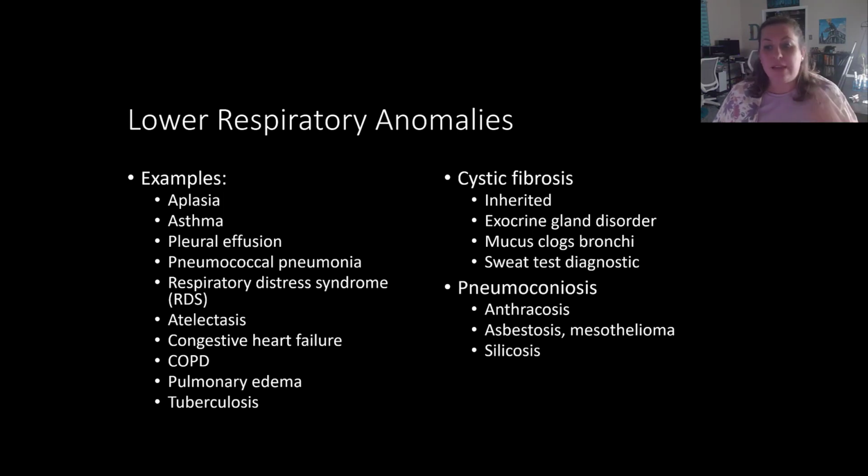And so these are just some examples where you specifically see that they are taking in something specific. So the anthracosis was talking about the coal. Silicosis is talking about silica dust. And this is going to be from sands, quartz, and things like that. And so those are just some more specific examples of what they were actually breathing in the dust.